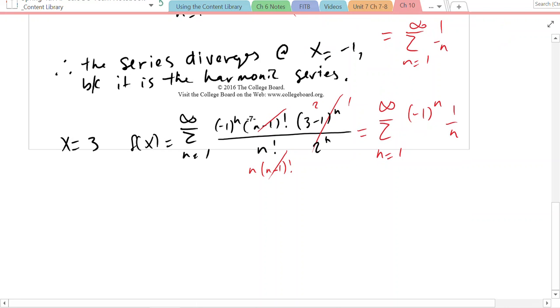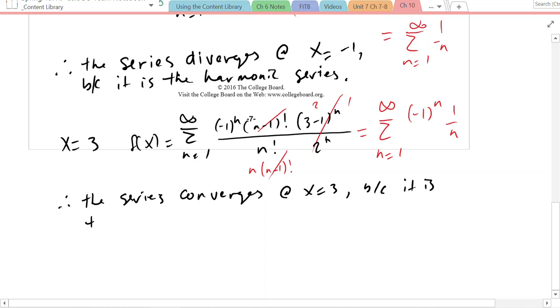So therefore, the series converges at x equals 3 because it is the alternating harmonic series.